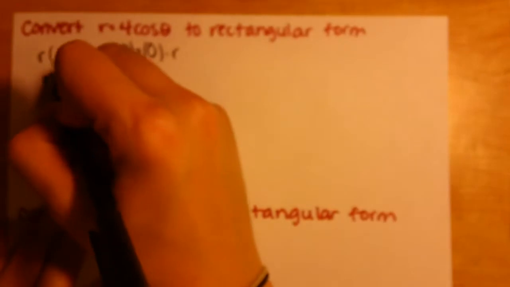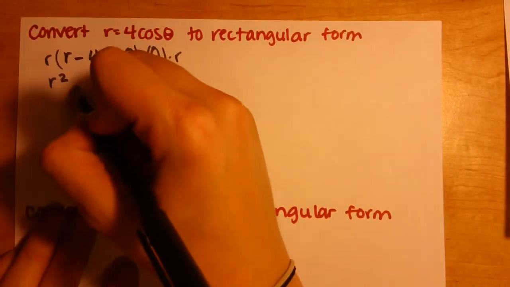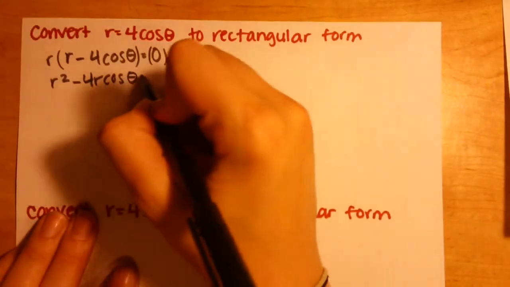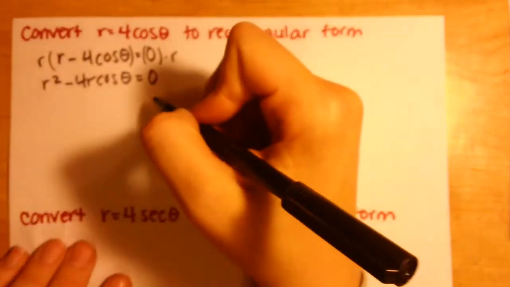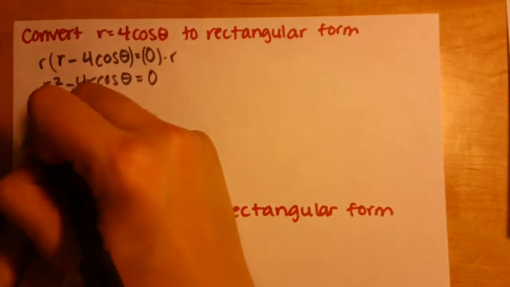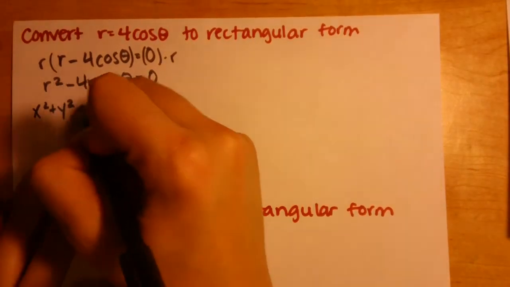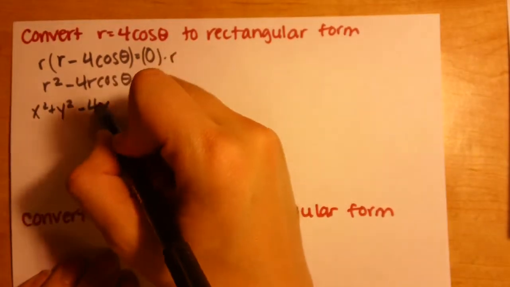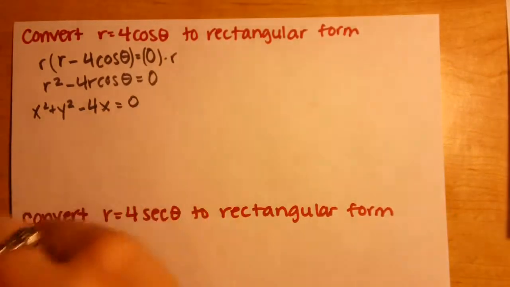So now I have r squared minus 4r cosine theta equals 0. So now with this r squared, I have x squared plus y squared minus 4 r cosine theta, remember, was x, equals 0.